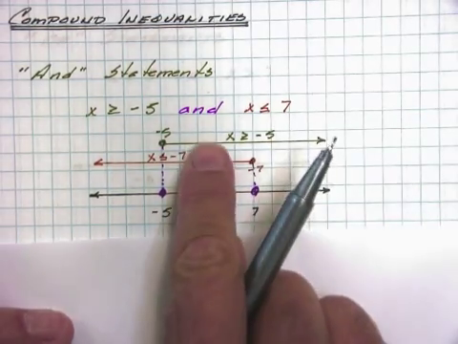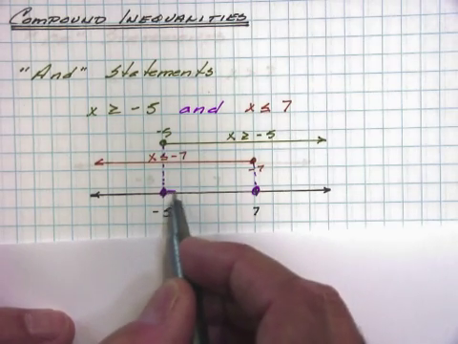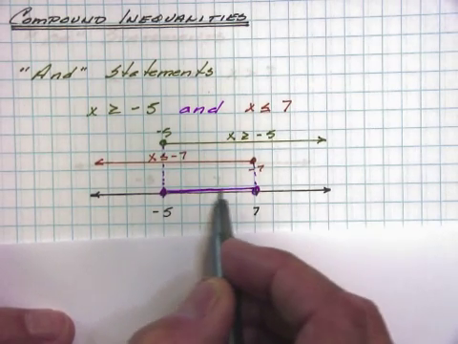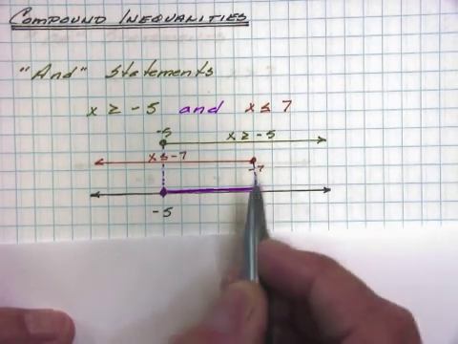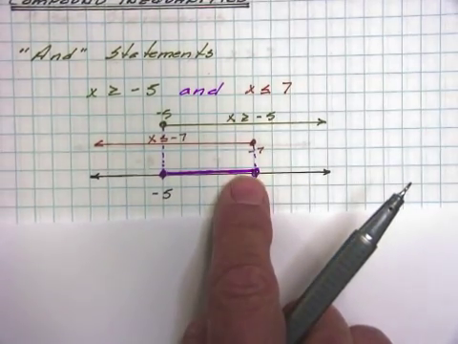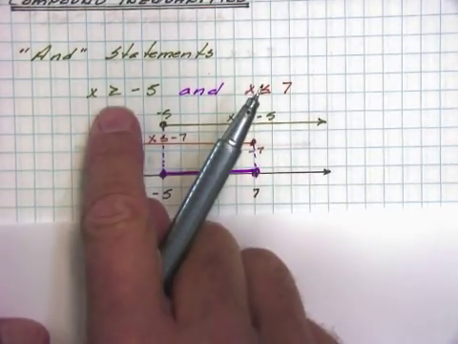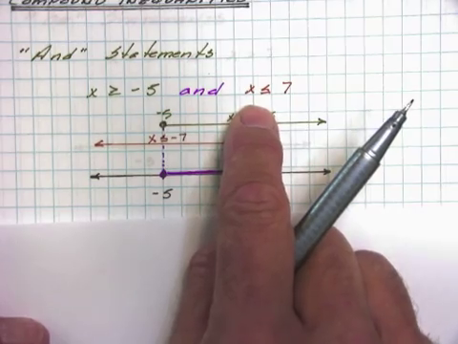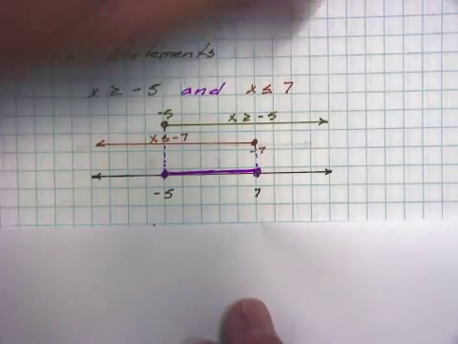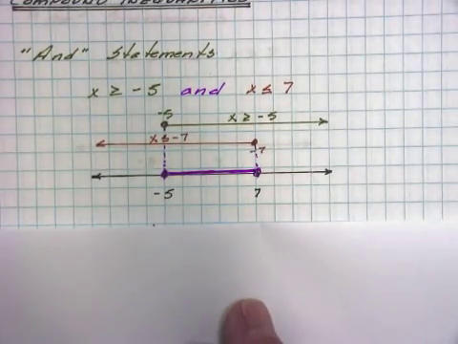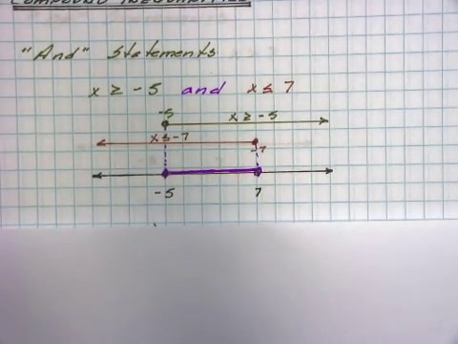And we'll bring this one down, solid circle there, and it's where we have two graphs right in here. That is the area where the numbers meet both of the conditions. They are greater than or equal to -5 and they are less than or equal to 7. So that's how a compound inequality works.